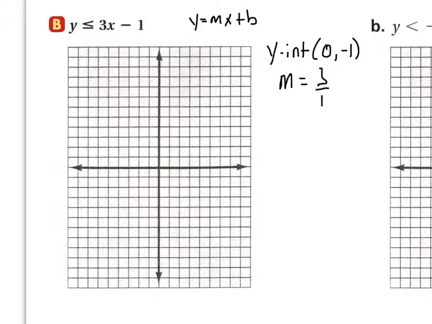So the next thing we have to do is graph our line, but we have to decide if it's going to be a solid or a dashed line. We have to look at the inequality. It's less than or equal to, so a solid line. Going to our y-intercept, count our slope: up 3, right 1.